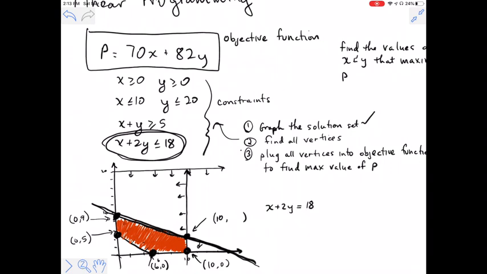And I know that x equals 10 from right here. So if I plug in a 10 for x and solve by subtracting 10, I get 2y equals 8. So y equals 4. So 10, 4. Okay, that satisfies step 2, which is finding all the vertices.